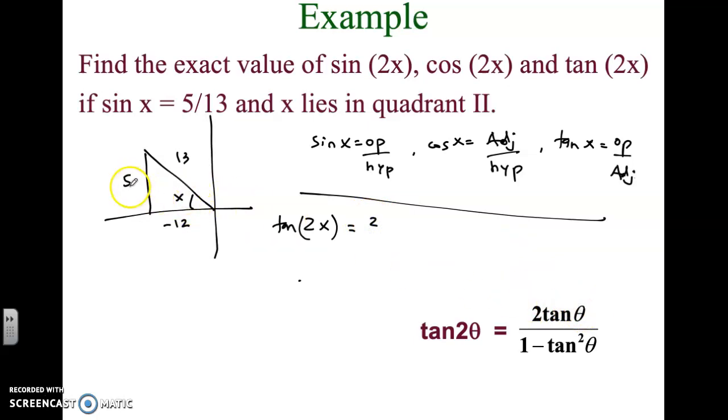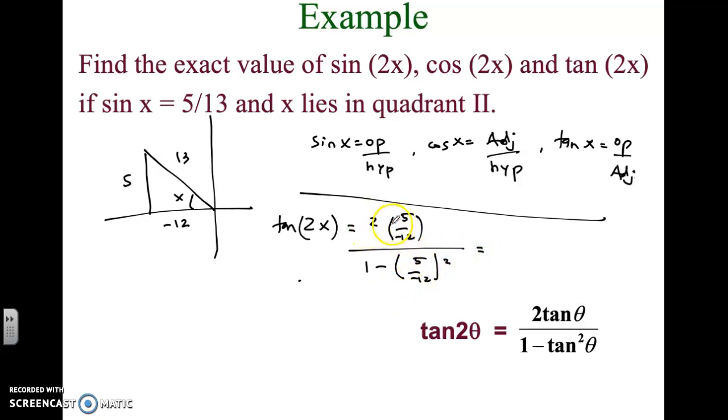Tangent of x is opposite, which is the 5, over adjacent. So it's 2 times 5 over negative 12, over 1 minus tangent squared, where tangent is 5 over negative 12, squared.